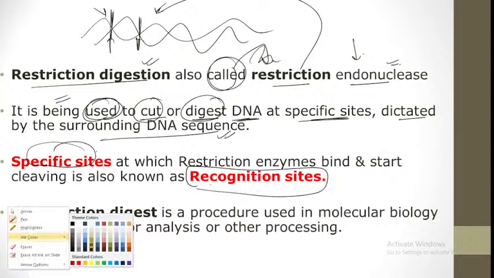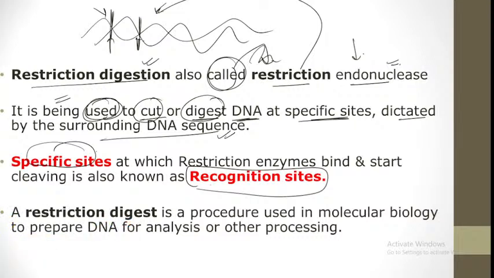All these terms are very, very important, be it restriction digestion, endonucleases, or specific sites called recognition sites. Remember these terms, because all of these are technical terms which you need to understand. A restriction digest is a procedure used in molecular biology to prepare the DNA for its analysis or other processing.